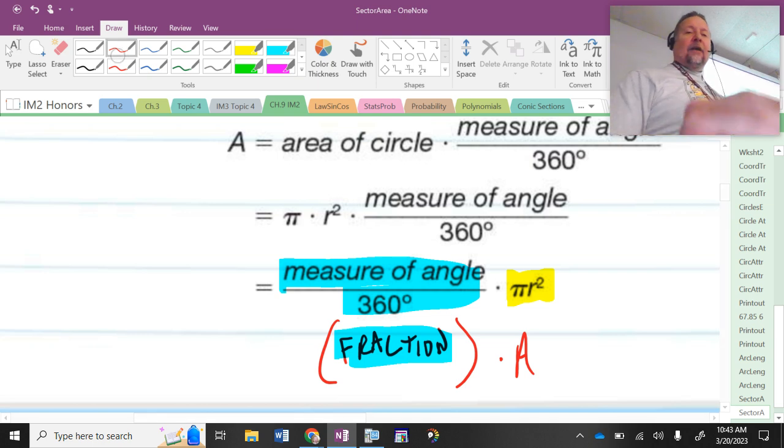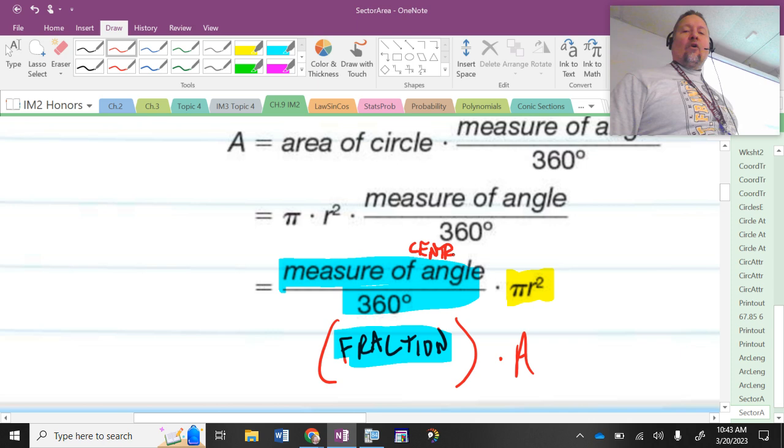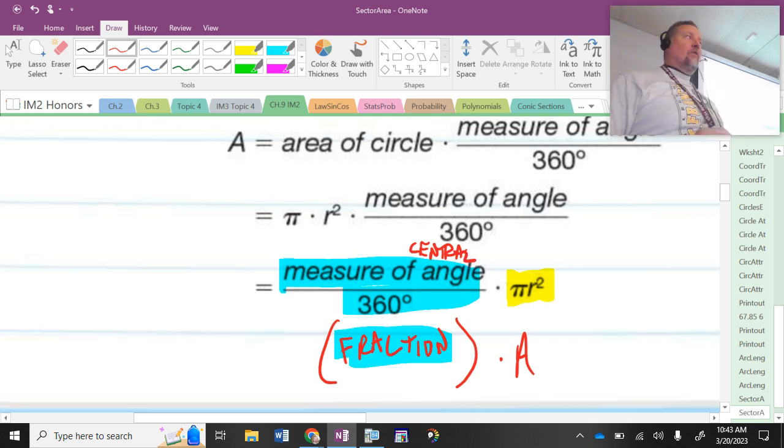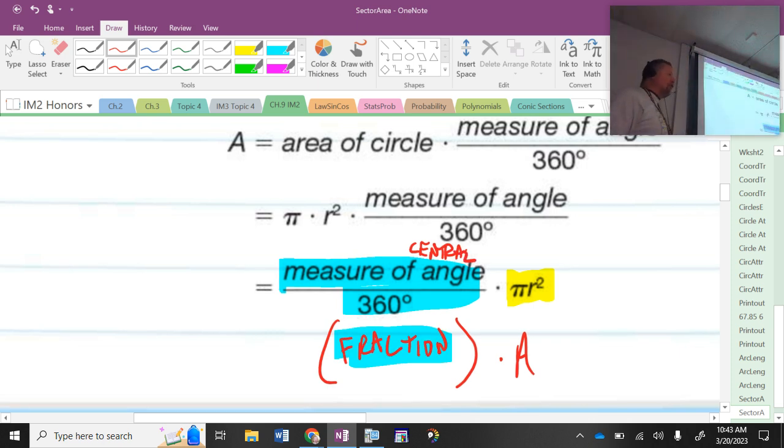The only thing I'll add one more time is measure of central angle, or arc measure, divided by 360. Arc measure of the arc in question denotes the portion of the sector you're dealing with. It's one or the other.